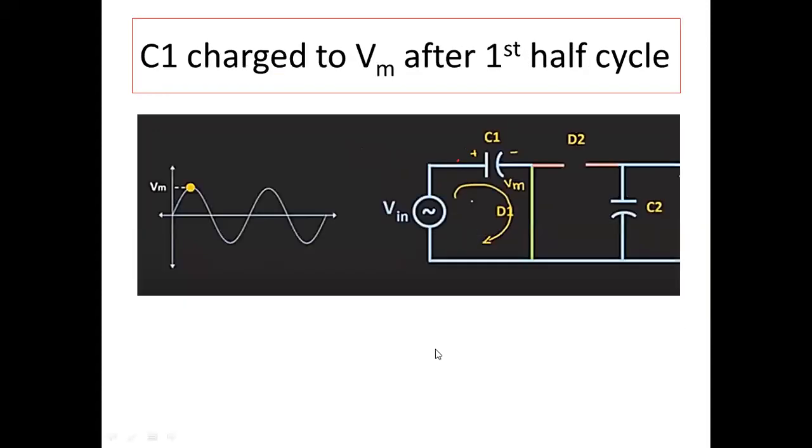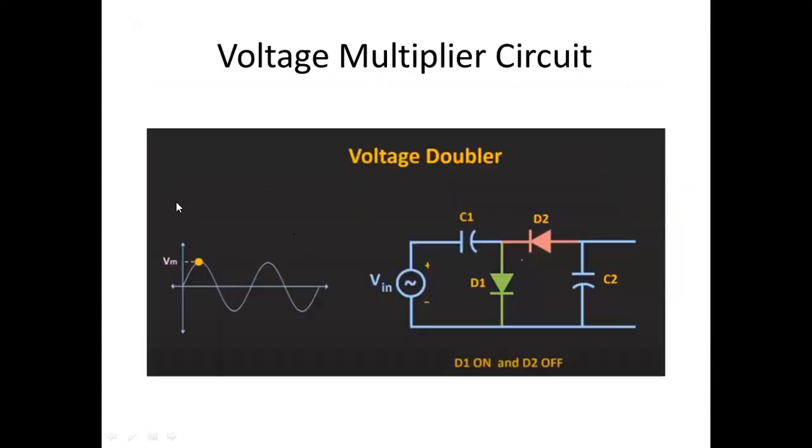So we can draw it as a short circuit for D1 and an open circuit for D2. The current will flow through this direction, so positive will appear over here, negative over here. In this case the peak value of Vs is Vm, meaning V maximum.